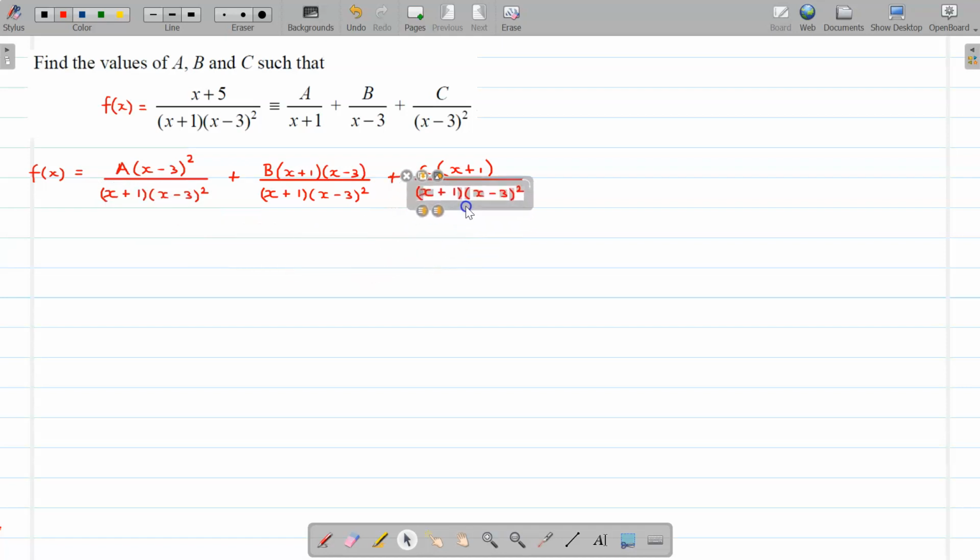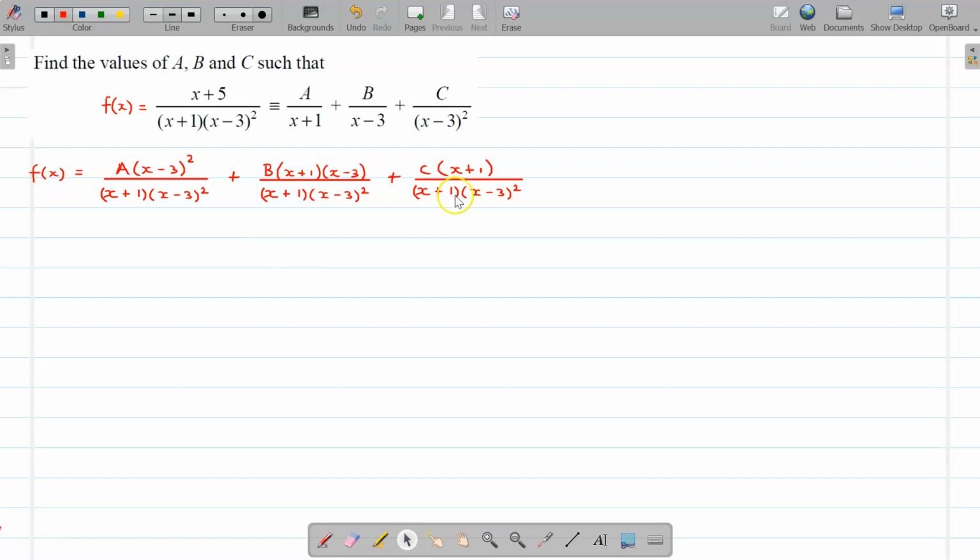And all of that is basically equal to f of x, which has the same denominator. This denominator, x plus 1, x minus 3 all squared, appears in all three of the fractions and in f of x as well.